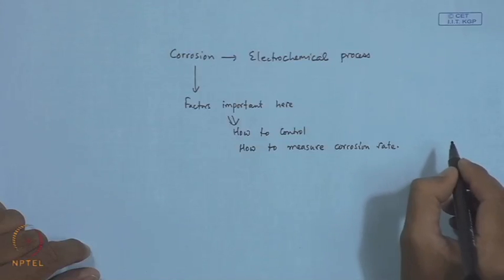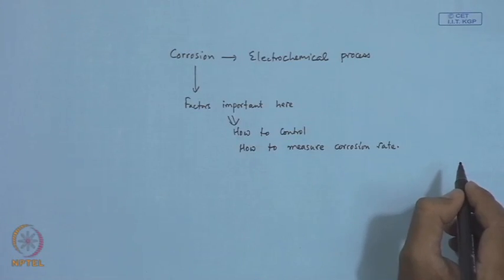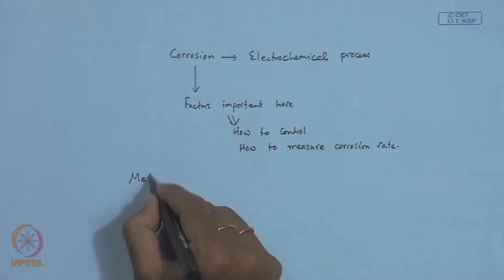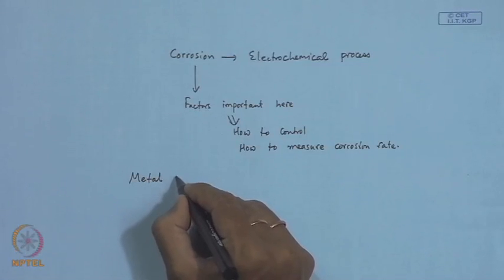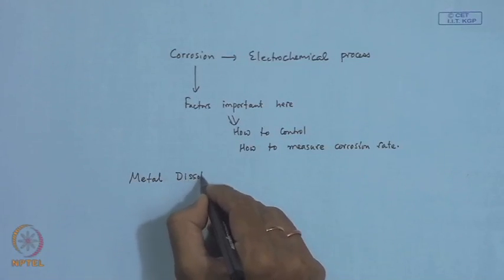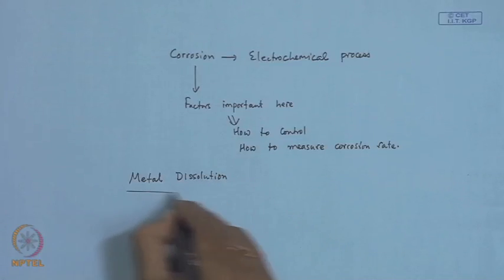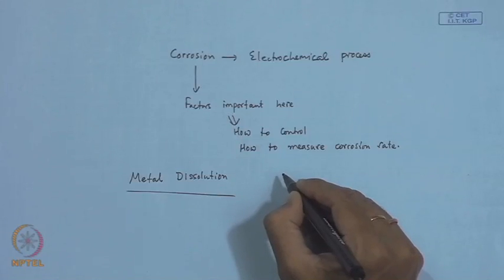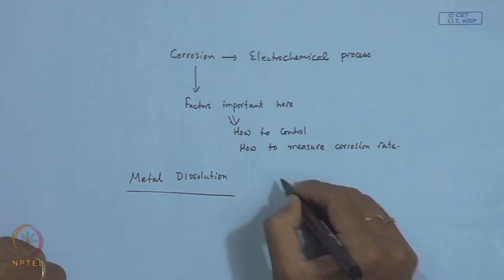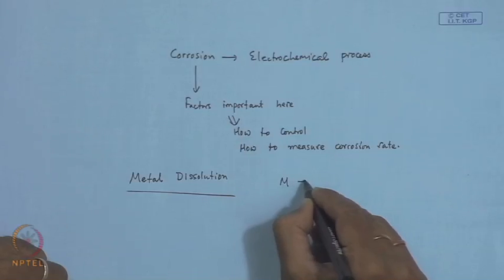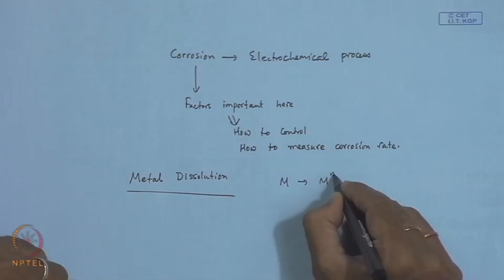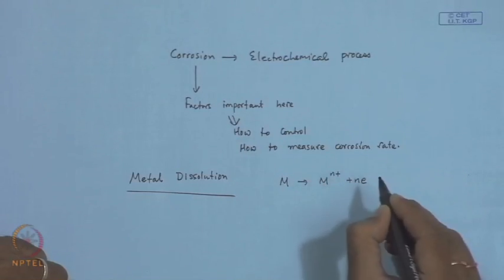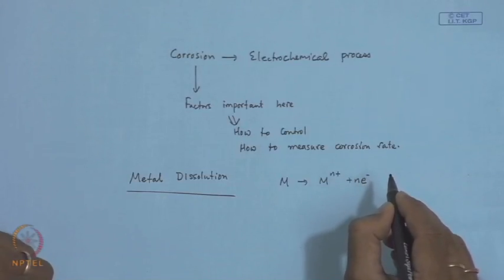Okay. Now, let us start from metal dissolution. What is metal dissolution? When a metal is dipped into a solution, the metal loses electrons. So, M goes to M n plus plus n electrons.